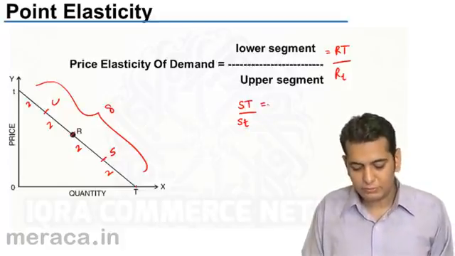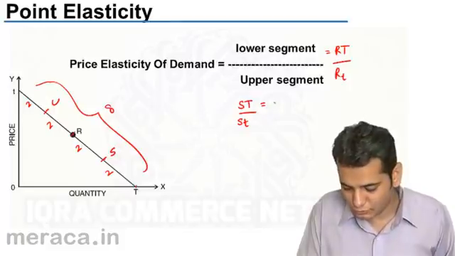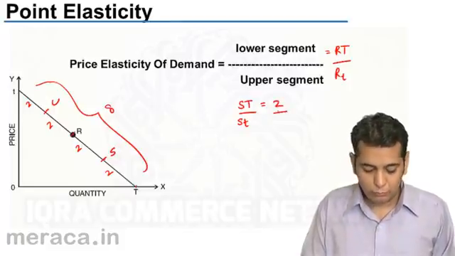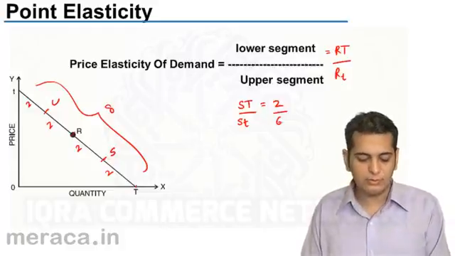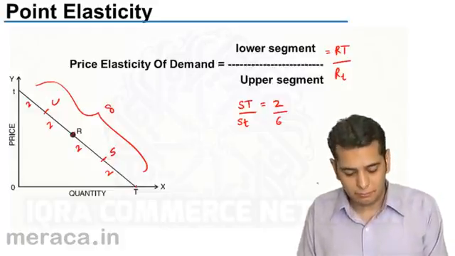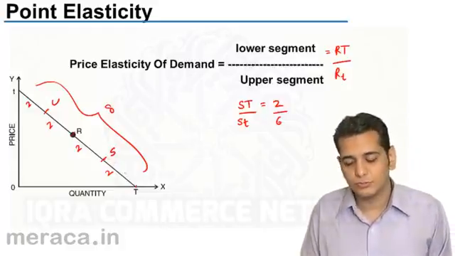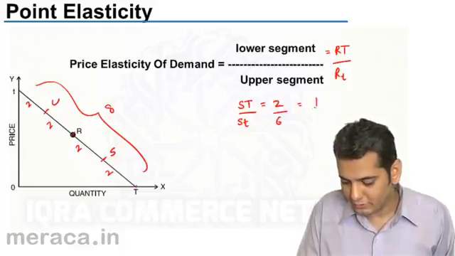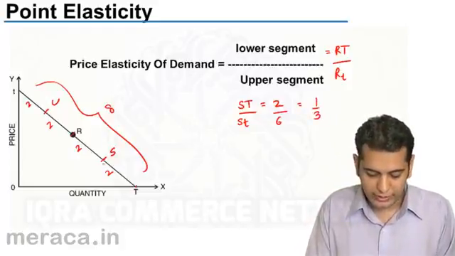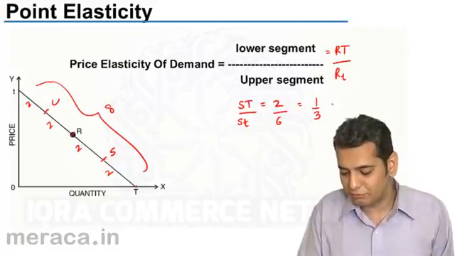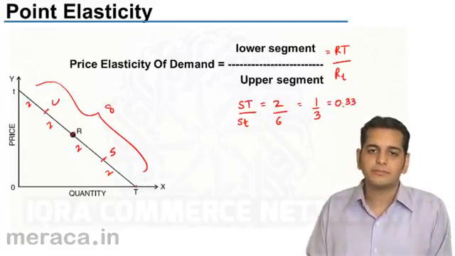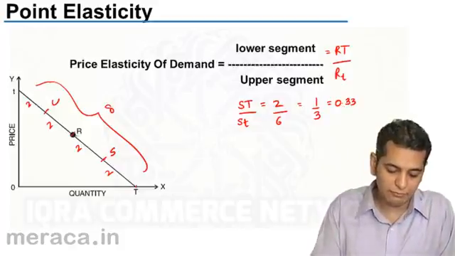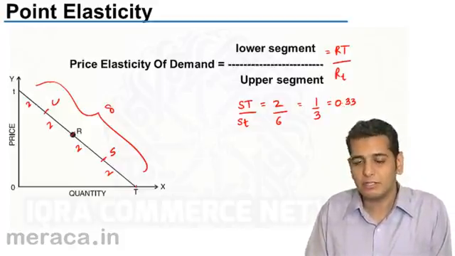The length of the lower segment is 2, whereas the length of the upper segment will be 6, 8 minus this 2. So we can say at point S, the elasticity of demand is 1 by 3 or 0.33.